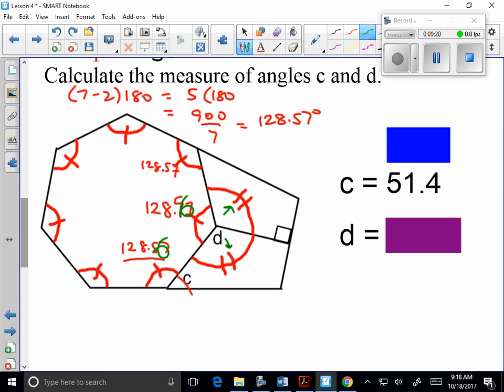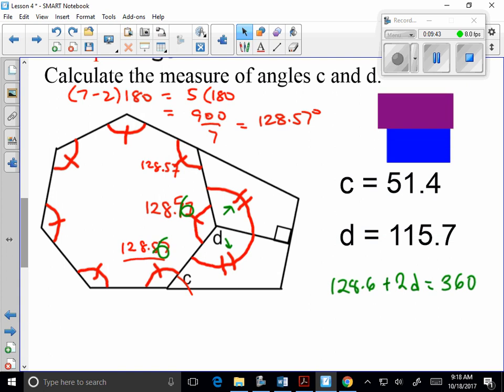Now what's true about those two angles and 128.6? They add to 360. So I could solve for D by taking 128.6 plus 2D and setting it equal to 360. Good. You got it. It looks like your answer should come out to be 115.7.